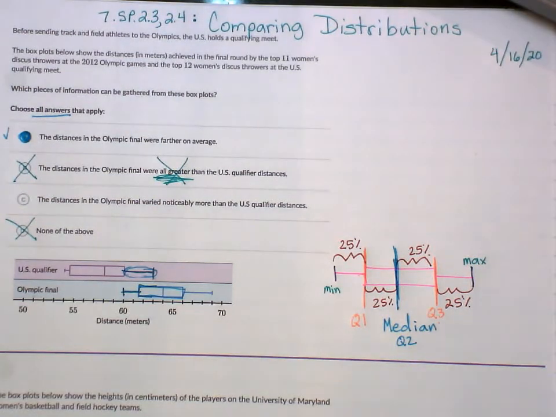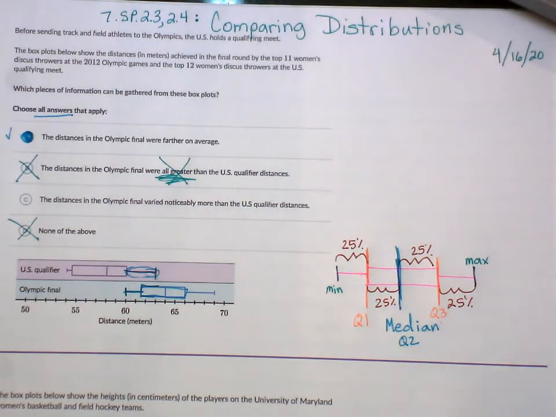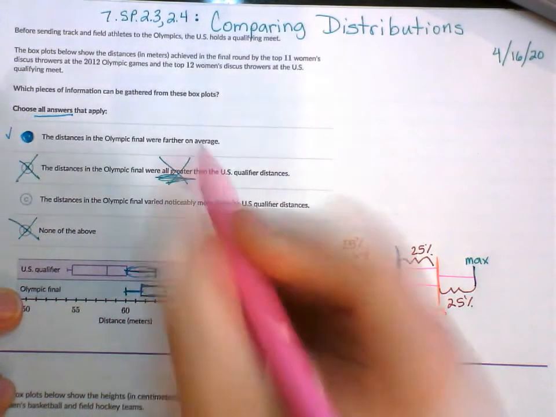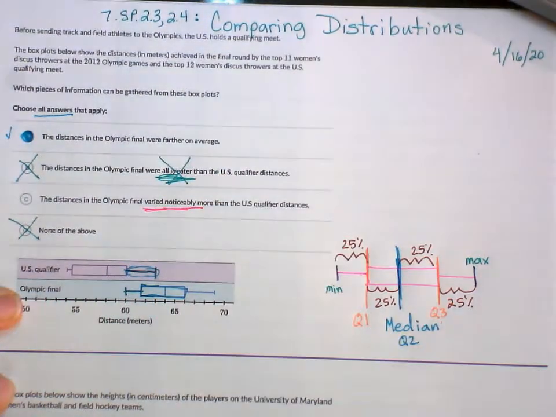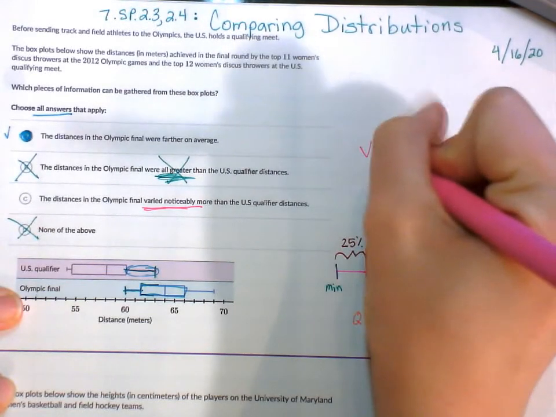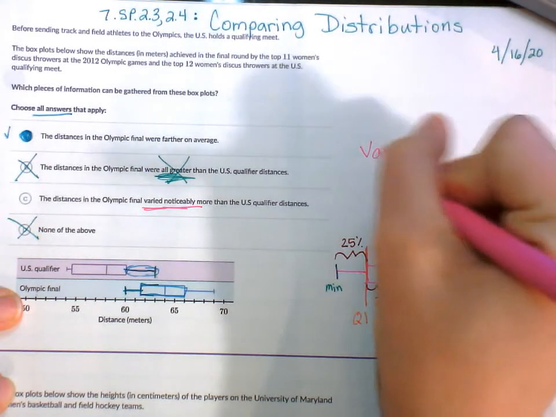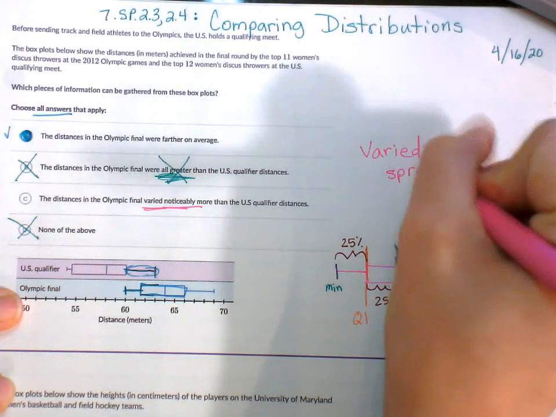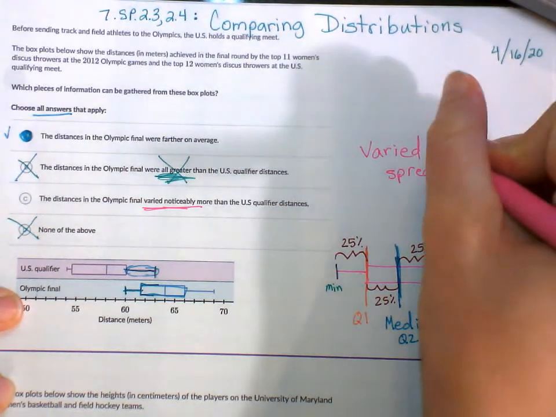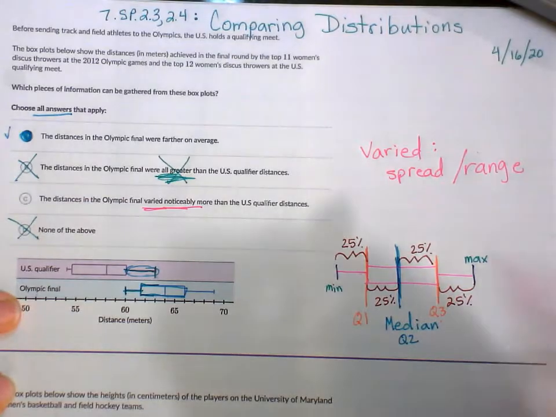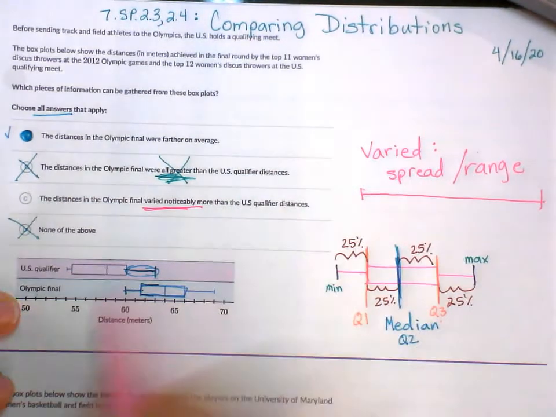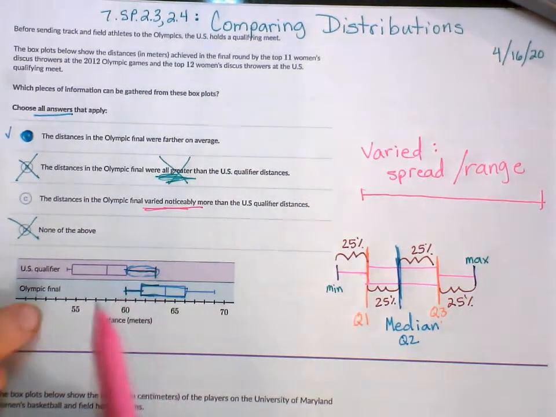Okay, C. The distances in the Olympic finals varied noticeably more. So varied, guys, varied. The word varied means how spread out it is, the spread or the range. So how wide is it? Which one varies more? Which one has a wider spread?